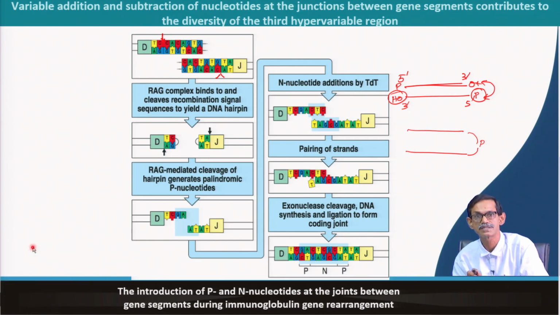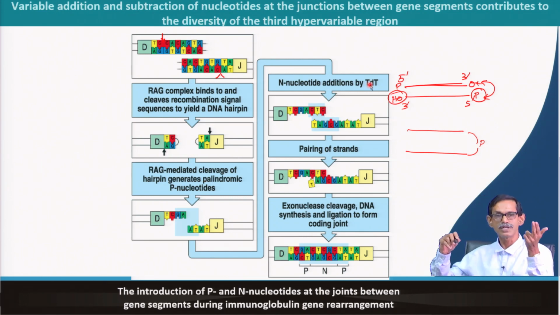It will not synthesize that way. After making the hairpin and an internal cut, RAG mediated cleavage generates P nucleotides. I will come to what that P nucleotide is. Then TDT comes into the picture, what I just told you.